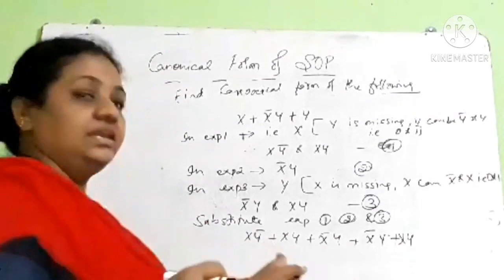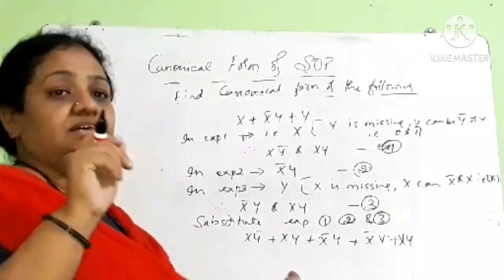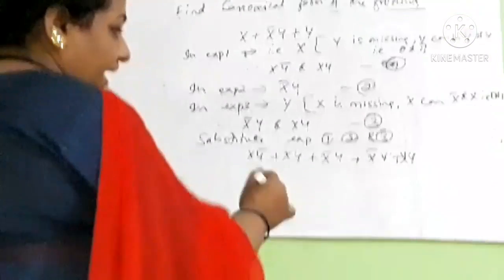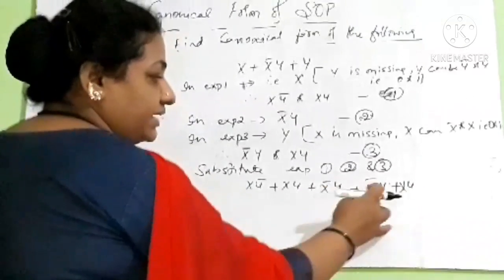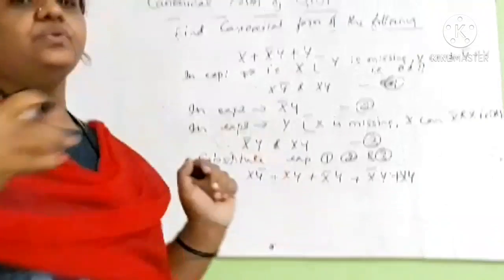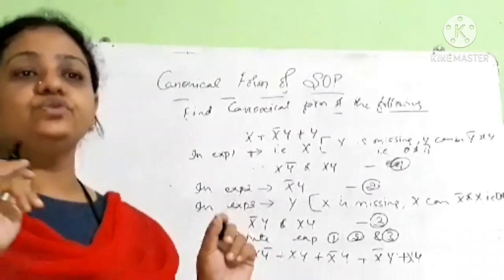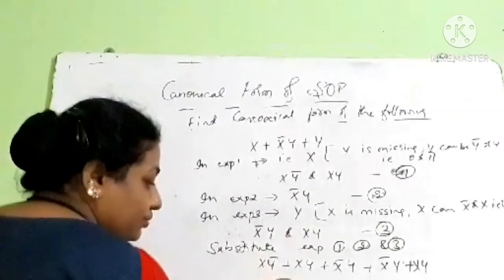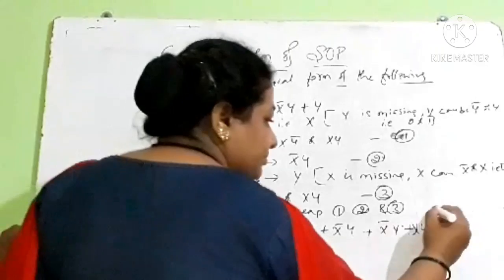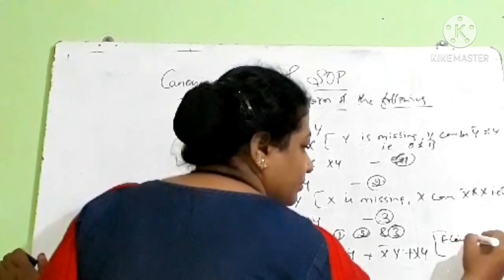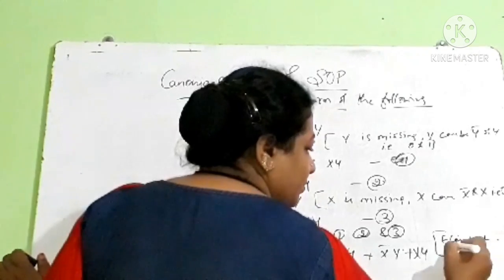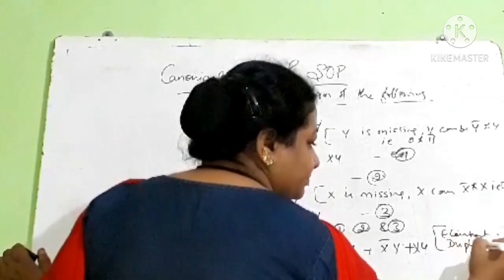Now let us take the duplicate terms. As you can see, here we have x bar y, x bar y. Now we need to eliminate the duplicate terms.